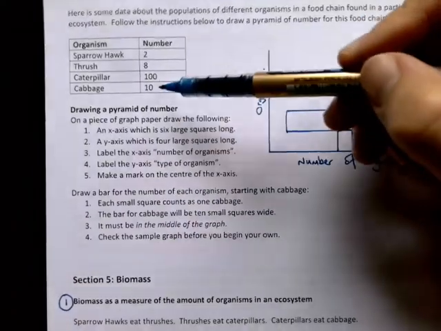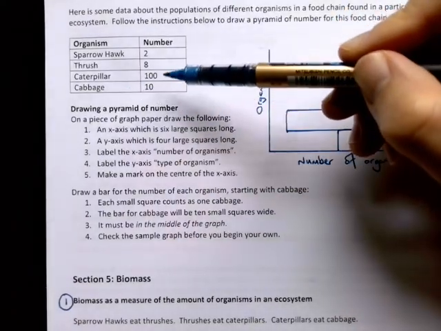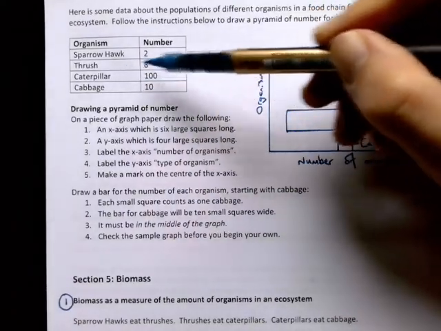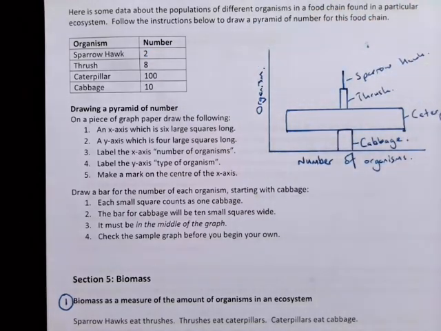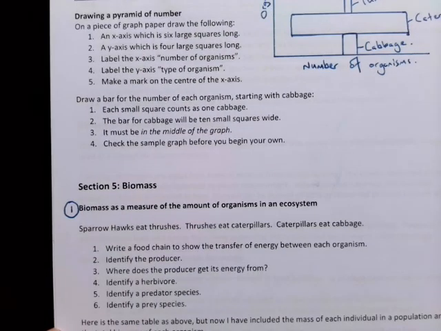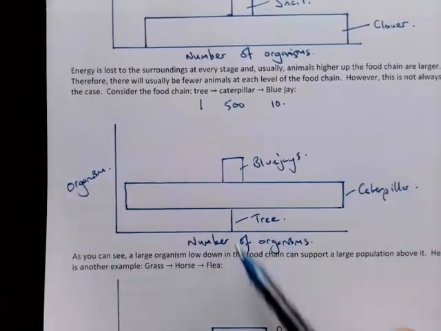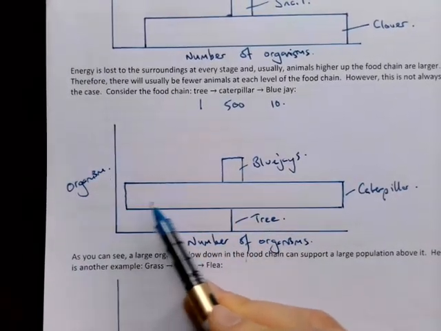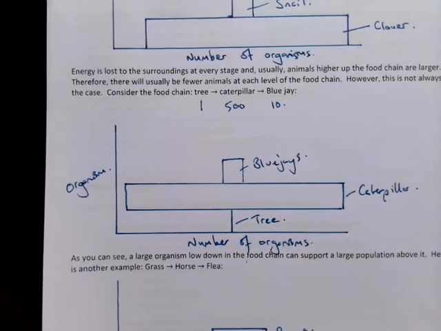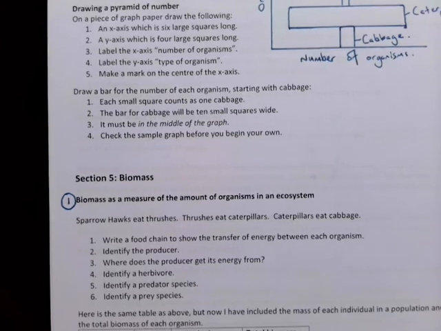Yeah. So here I've got 10 cabbages and 100 caterpillars and 8 thrushes and 2 sparrowhawks. Or I could go back to last week and I could say, well, look, I've got 1 tree, maybe 1,000 caterpillars, 10 blue jays. These are all measures of the number of organisms.